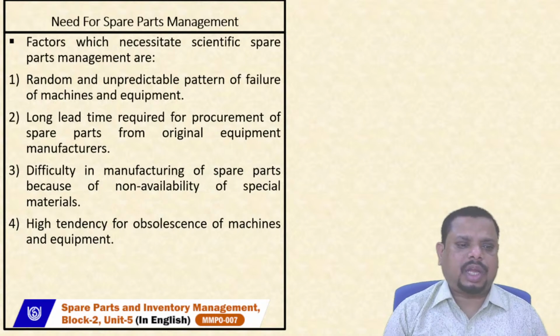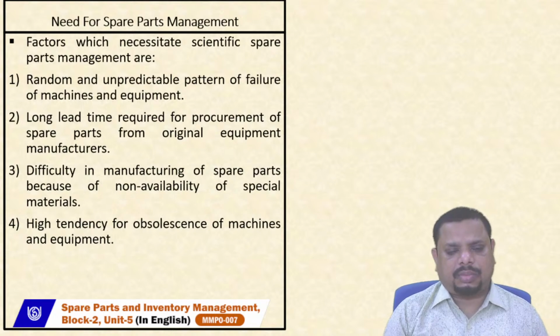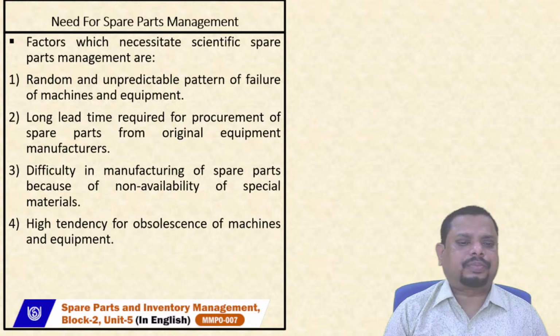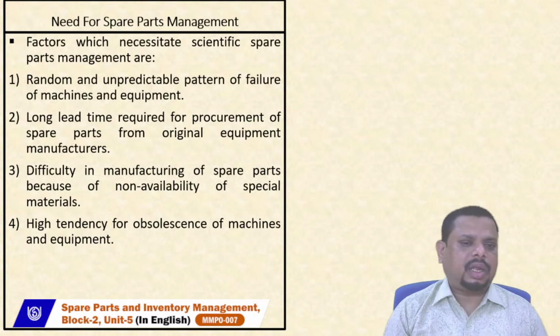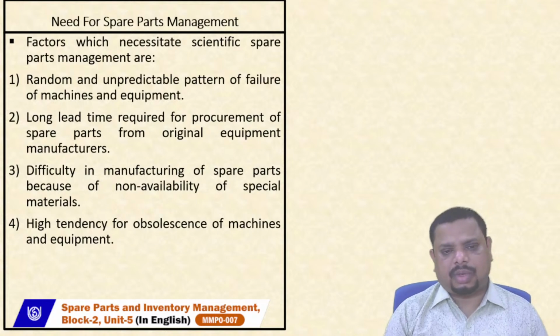The next one is the high tendency for obsolescence of machines and equipment. So these four are the most important necessities of scientific spare part management. That is why I repeat that the maintenance management department as well as the production department have to optimize the level of inventories and spare parts, so that whenever needed, they can immediately take the optimum level of inventories.